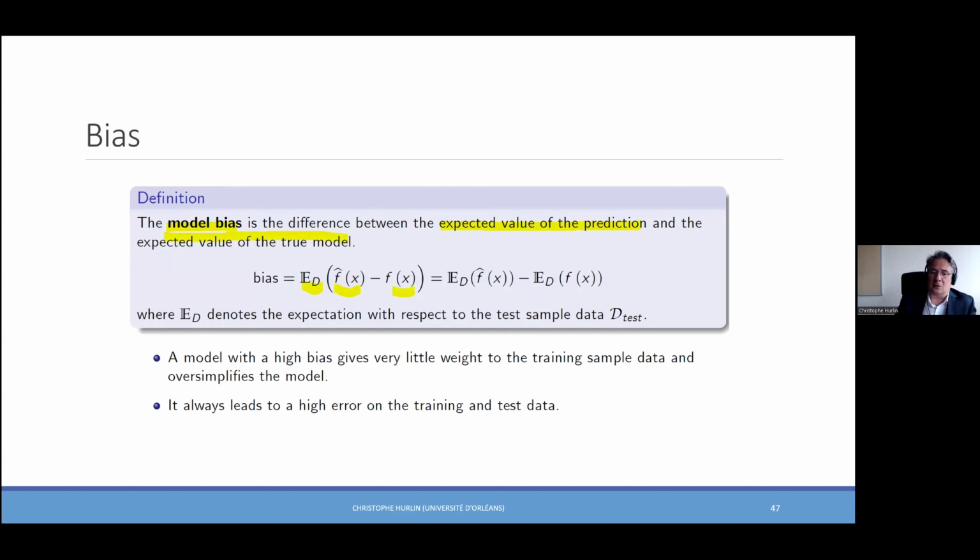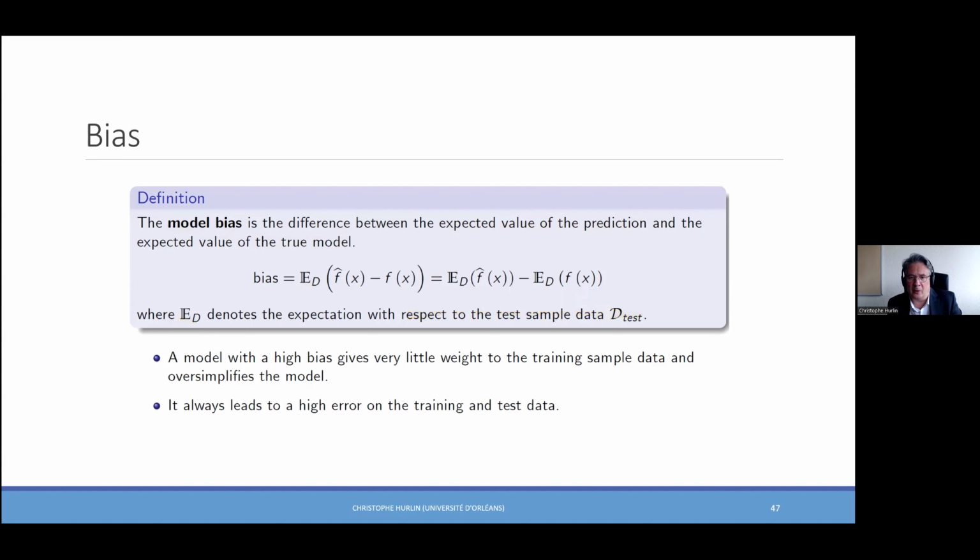As the expectation is a linear operator, this is the difference between the expectation of f hat and the expectation of f of x, and the E with index D denotes the expectation with respect to the test sample dataset. To be clear, we want to compute the mean with the data that belong to the dataset.